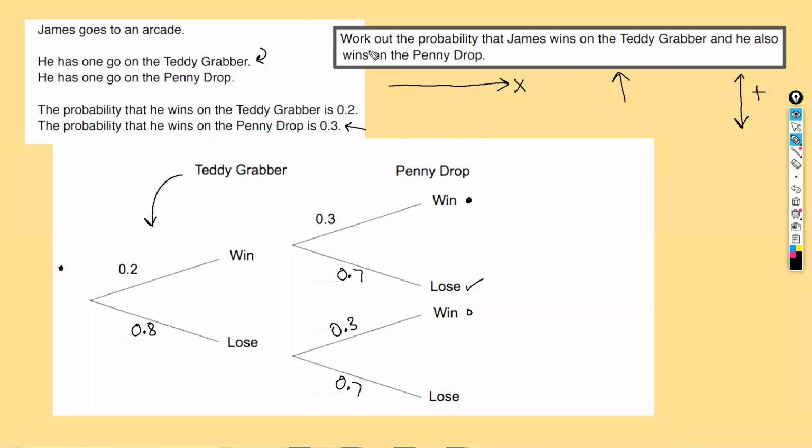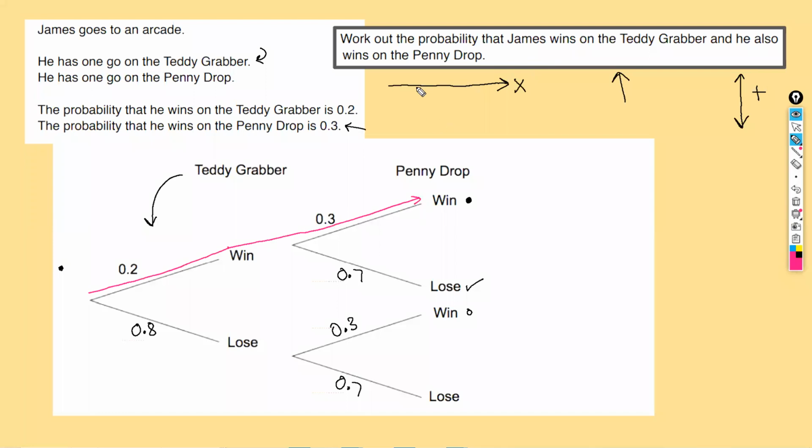Here's what we want to do now. Work out the probability that James wins on the teddy grabber and he also wins on the penny drop. In other words, we're asking what's the probability that he wins both games. There's only one way he could win both games: he has to win on the teddy grabber and win on the penny drop.